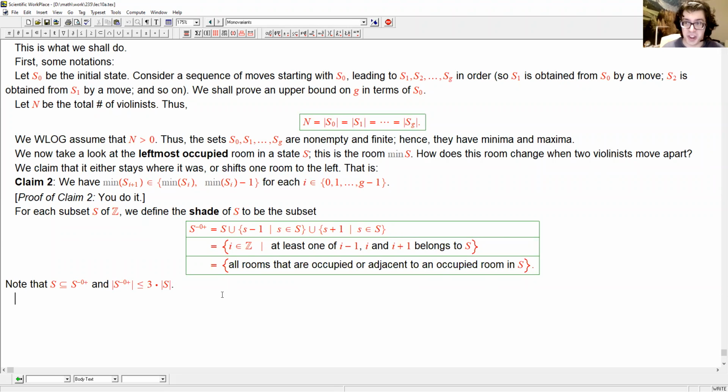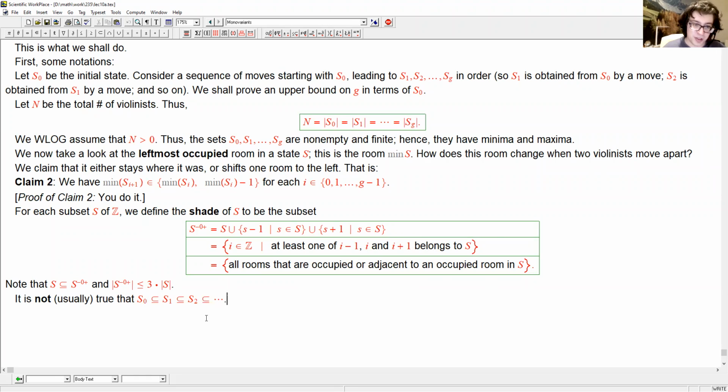Now, why do I need these shades? Here is the reason. It is not usually true that the states have this relation where every state is a subset of the next state.